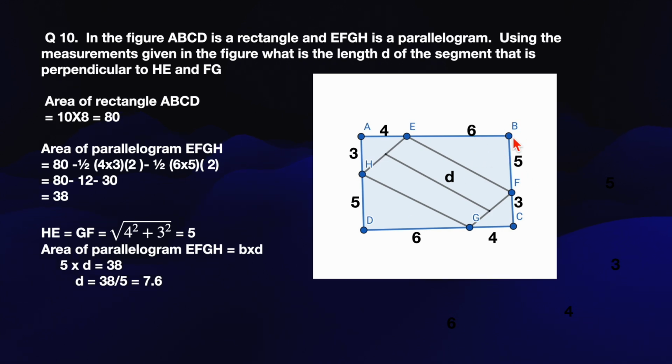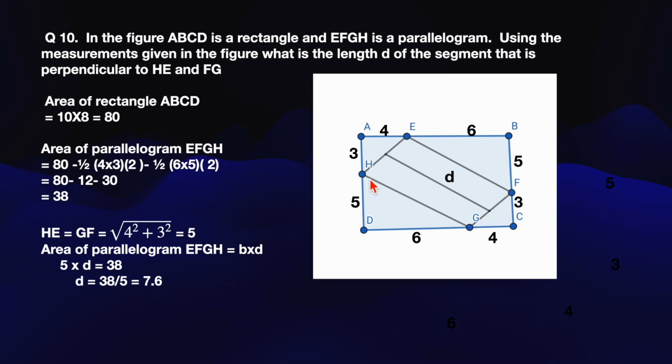There are 2 such triangles, so I'll multiply by 2. We subtract the areas of these triangles, multiplied by 2, from 80, the total area of the rectangle. If you simplify it, you will get 38. 38 is the area of the parallelogram.